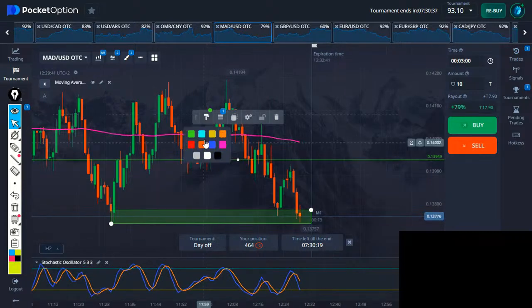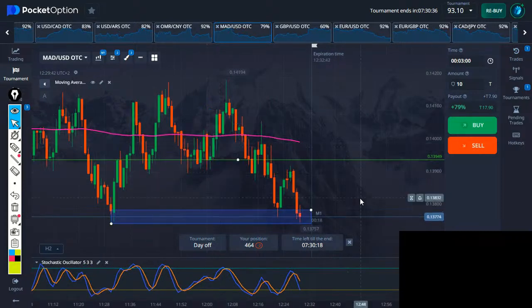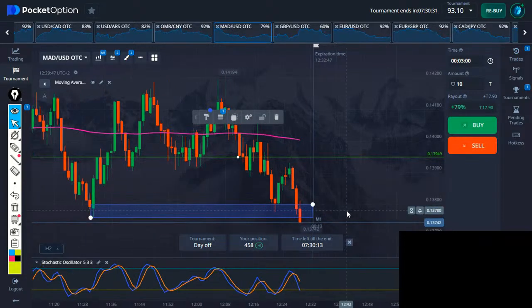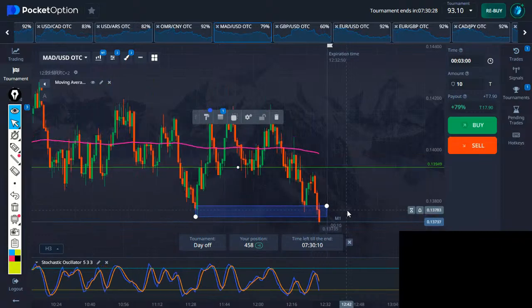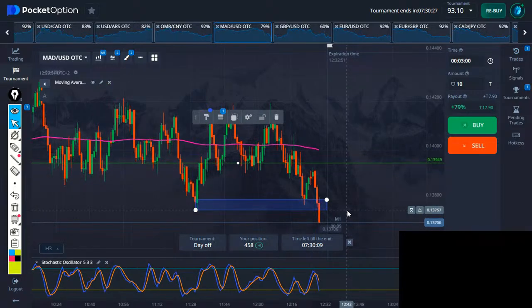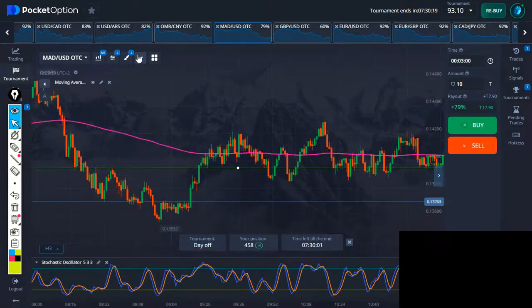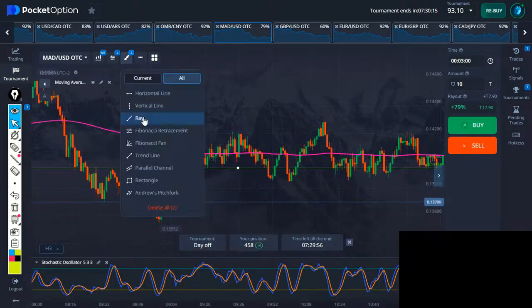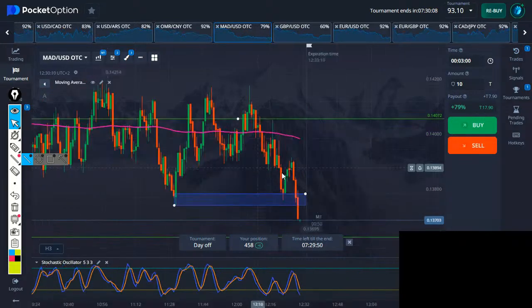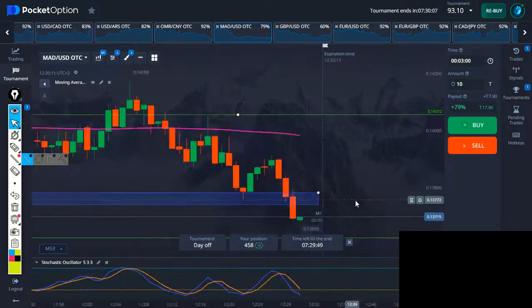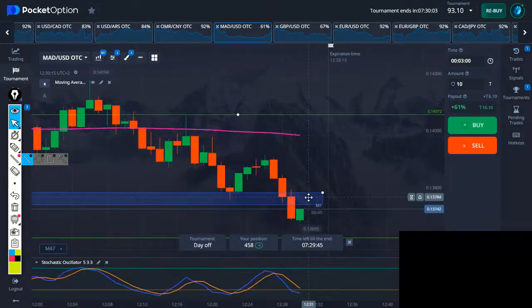I'll change the color to blue, rejecting exactly at the point. So now it's breaking out. We have another level here, much stronger level actually. Put a line here. If I see a green close in the zone, I'll take a buy.